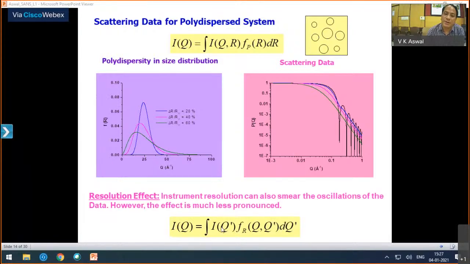Your ideal curves get convoluted by the resolution function, so you see smearing of the oscillations. These are the two things which smear your scattering profile. If you compare neutron and X-ray, with X-ray you have a very high scattering intensity, so you can tighten your resolution function. There you can see many more oscillations than in the case of neutron. So always resolution matters.